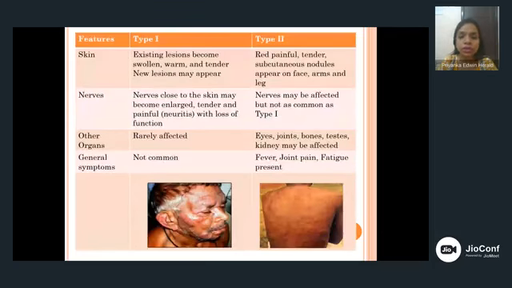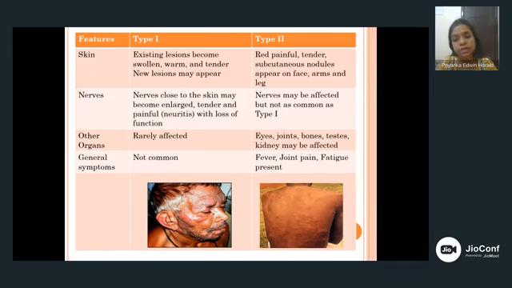In this slide, you can see both reactions in the figure and the picture. In type 1, the existing patches or lesions of the leprosy patient become swollen, warm, and tender, and nerves become very enlarged, painful and tender, and no other organs are affected. So this is type 1.